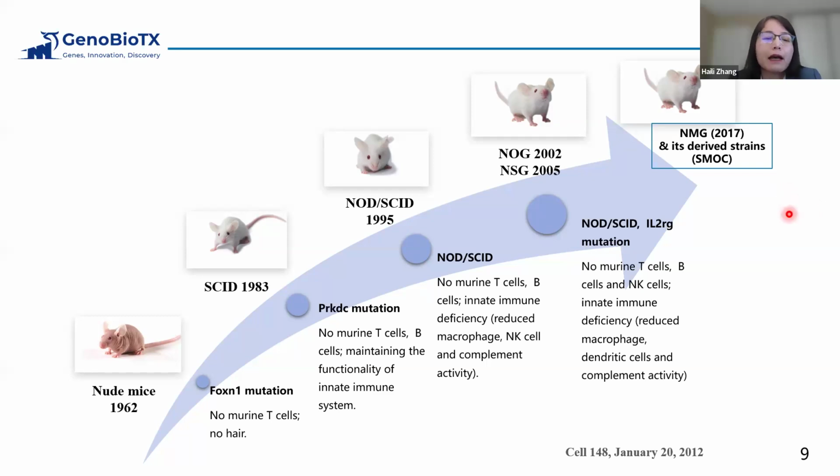Since then, we have continued to develop NMG-derived models to enhance the performance of human immune system reconstitution. These models are being used for more accurate evaluation of therapeutic drug efficacy and providing a valuable platform for research in immunology and drug development. So we will talk about these models in detail shortly.